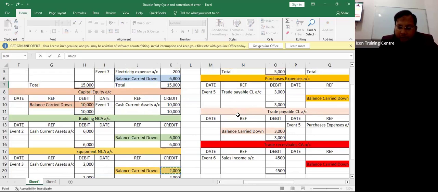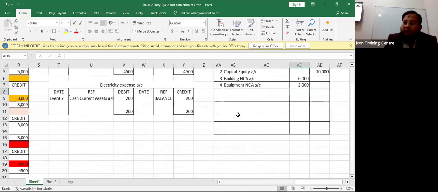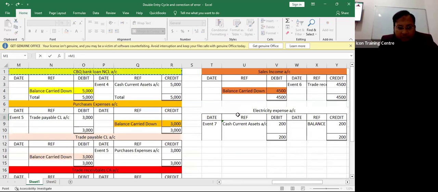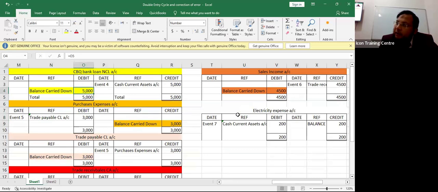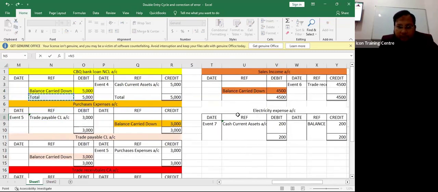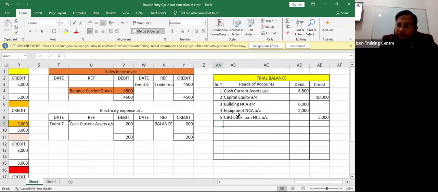It's written on the credit side. Carried down balance is always written on the opposite side. Number 5. So we have the CBQ bank loan, right? The balance of CBQ is debit or credit? Credit, because the credit side is heavier. That is why it is written on the debit side. So it will be 5,000.